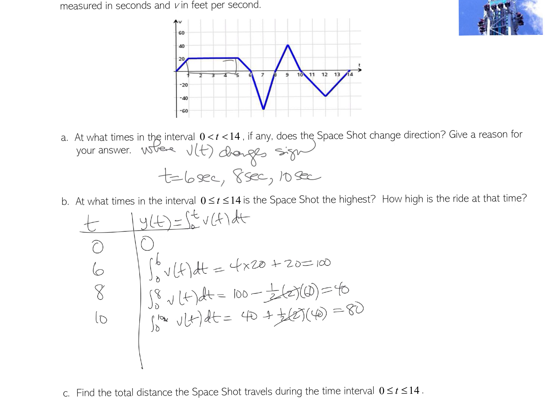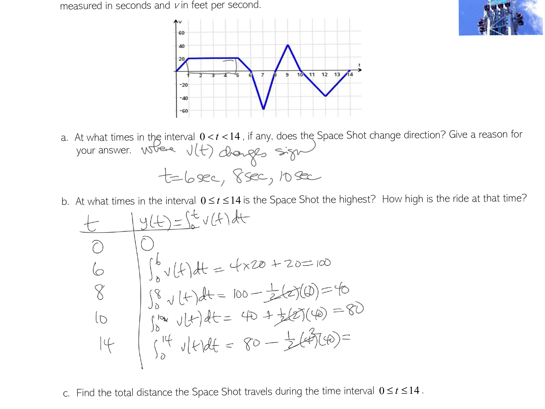And then at the end point at 14, we are from 0 to 14 of v of t dt. So we were at 80, and then it's below the axis, so now we're going to be subtracting. Again, it's a triangle, so 1/2, the base is 1, 2, 3, 4, and the height is 40, so this would be 2.